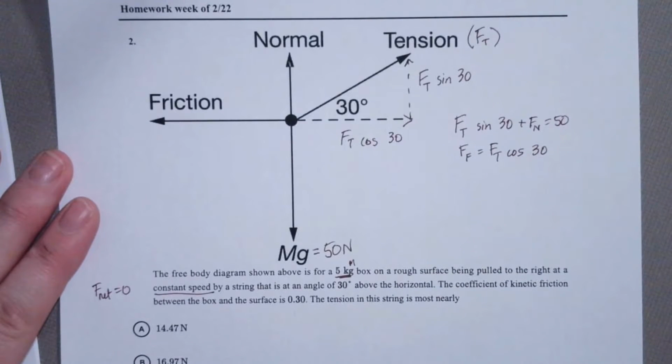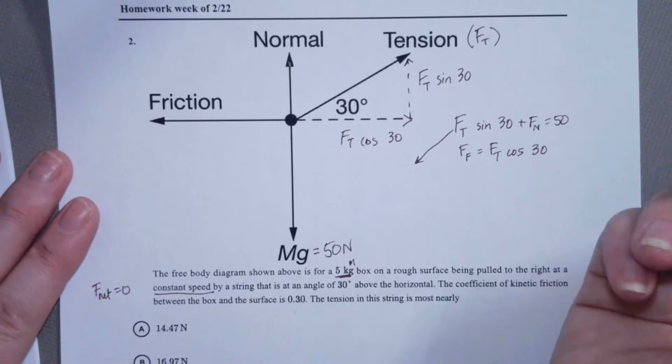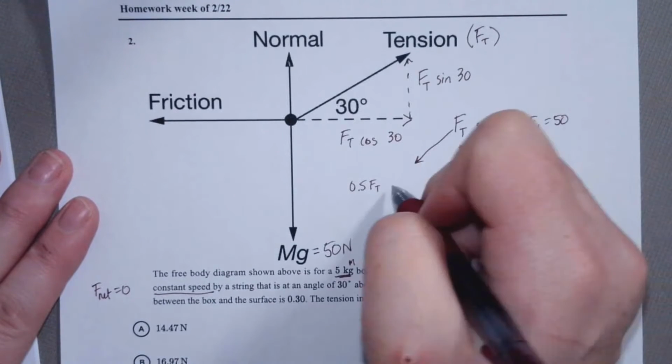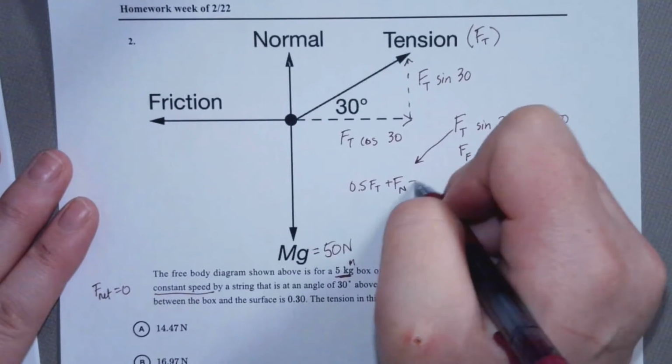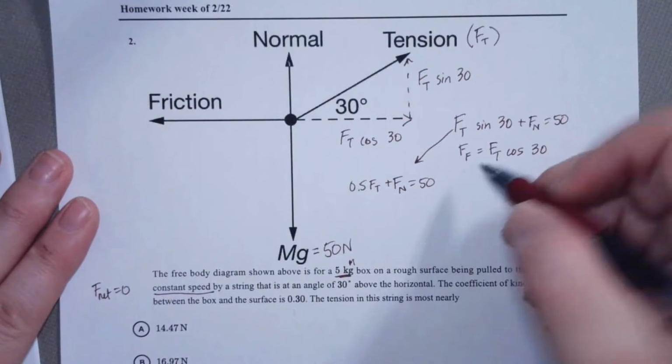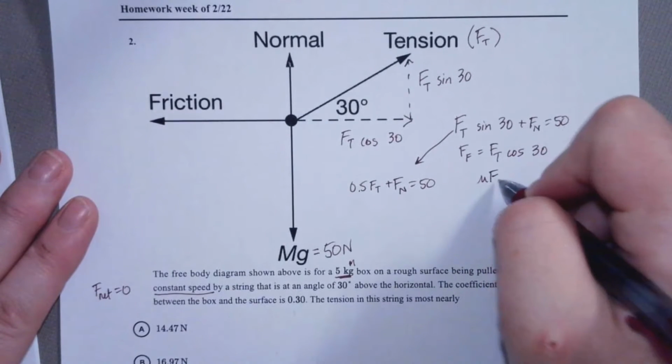Should have written those next to each other instead of on top of each other. Oh well. Okay, so let's simplify these down. Sine 30 is 0.5. So here we've got 0.5 Ft plus normal force is equal to 50. Great. Over here, force of friction is mu normal force.